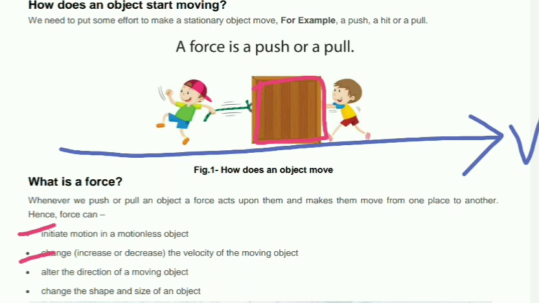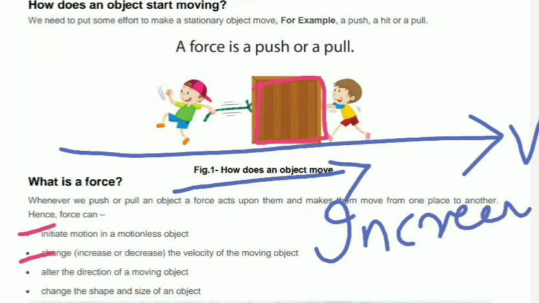We can increase or decrease the velocity by applying force. If the direction of force is the same as the direction of velocity, then the velocity of the object will increase.